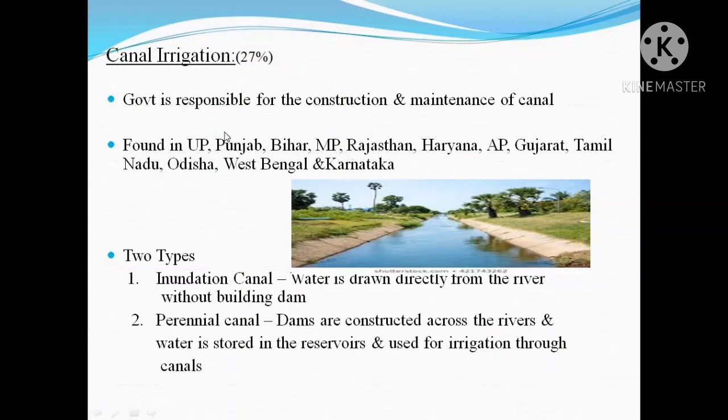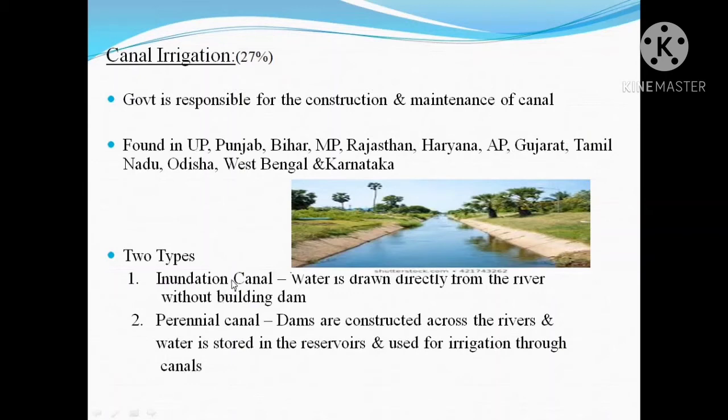And canal irrigation is of two types. One, inundation canal, and another, perennial canal. What is an inundation canal? An inundation canal is a canal in which water is drawn directly from the river without building a dam. From the river directly the canal is taken. That is an inundation canal.